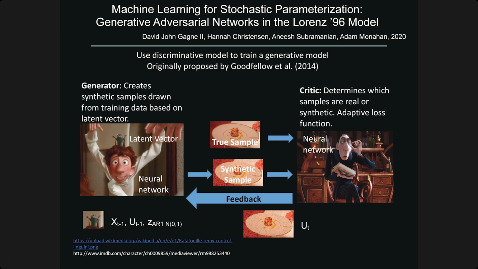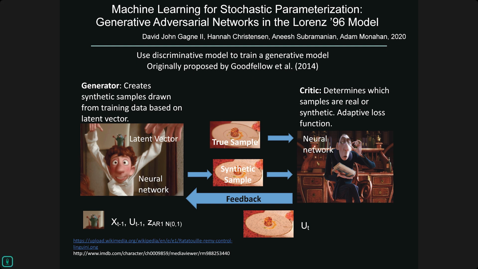So what we tried for this was to use what are called generative adversarial networks, a machine learning method that can generate terms or generate images, for instance. The simple idea is it has two different neural networks.